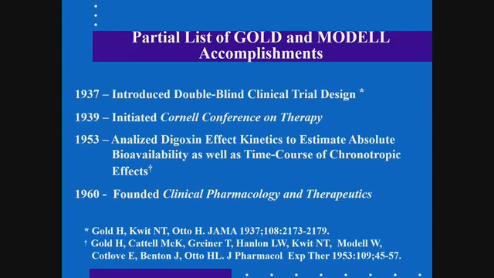We'll come back to this example later in the talk. And in 1960, they founded the journal Clinical Pharmacology and Therapeutics, which is today, of course, a leading journal in the discipline.